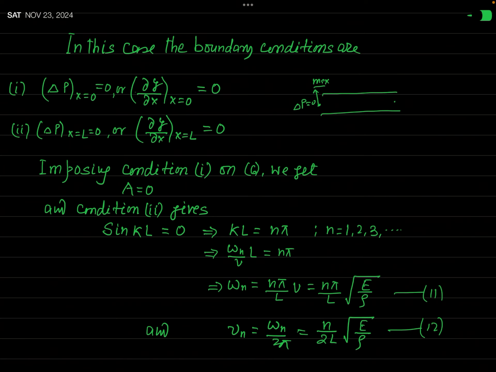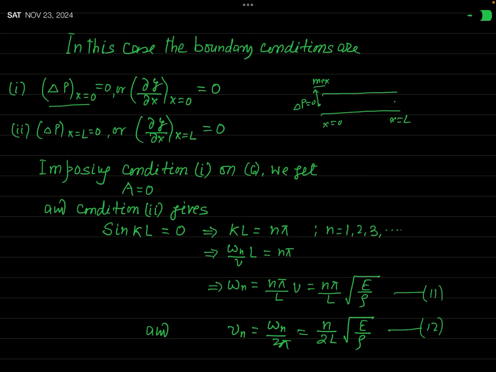And since at both ends, that is at x equal to 0 and x equal to L, this tube is open, in this condition, what will be the boundary condition? The boundary condition will be delta P at x equal to 0, which is actually the pressure variation, and at the open end there is no pressure variation. So this delta P at x equal to 0 is 0.